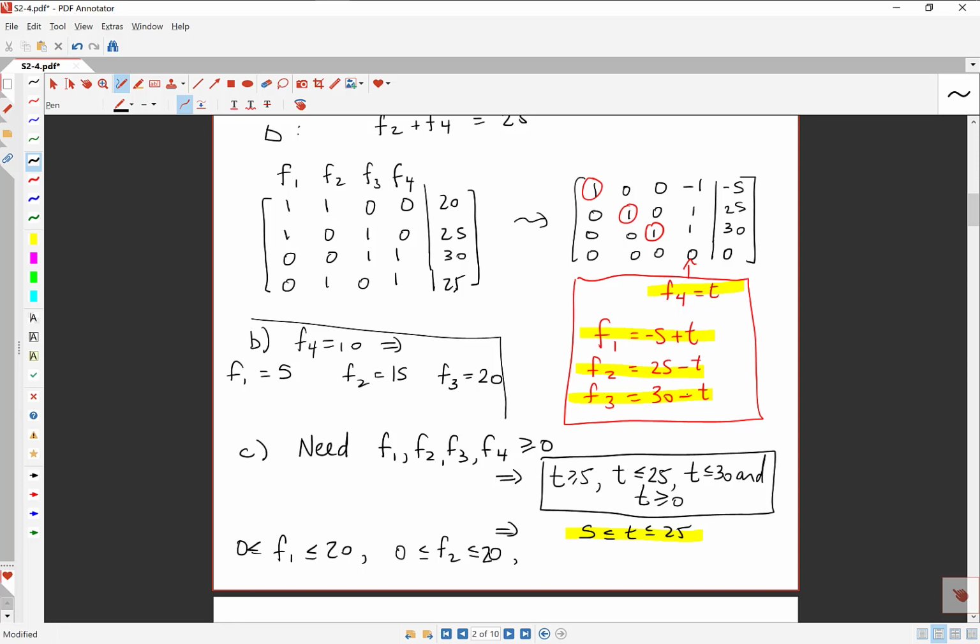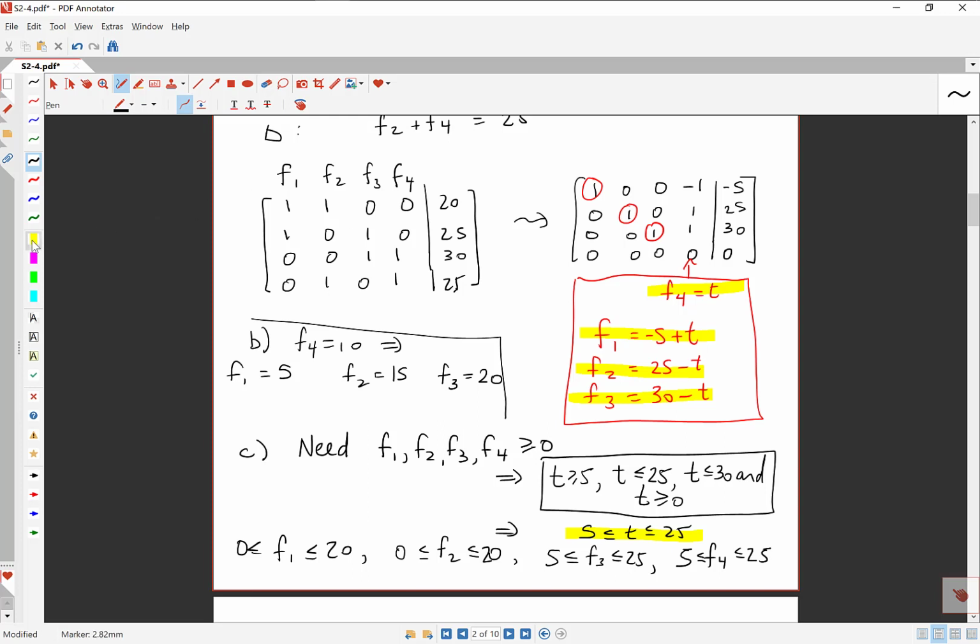Subbing in T equal 5, we get 25, and subbing in 25, we get 5. So that tells us as T varies, F3 is going to be somewhere between 5 and 25. And then finally for F4, because F4 is T, as we run through the T values 5 to 25, F4 can be between 5 and 25.